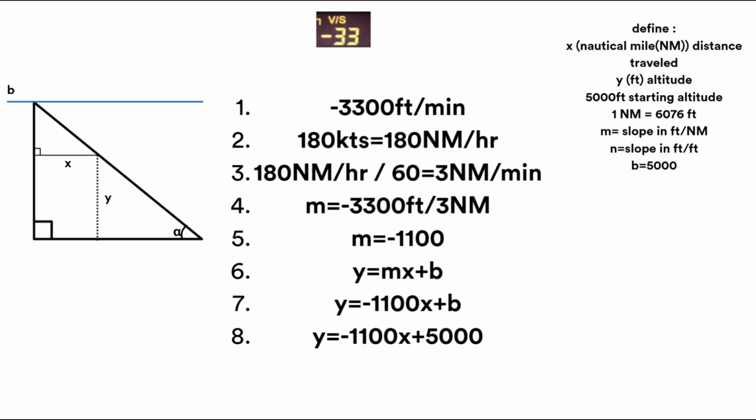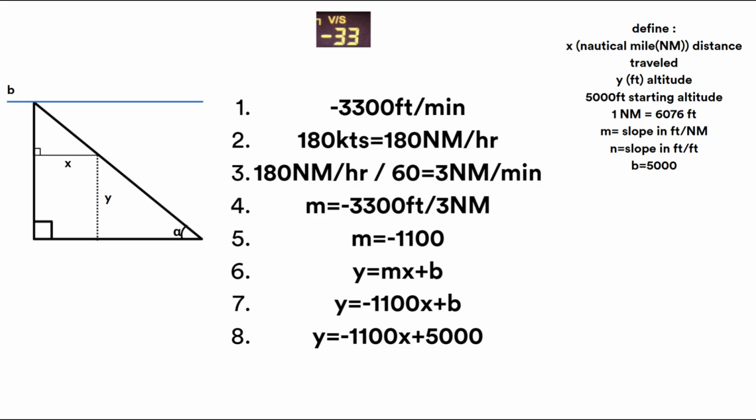Then we have to convert speed to slope. Slope means vertical change divided by horizontal change. In 1 minute, the vertical change is negative 3,300 feet, and the horizontal change is 3 nautical miles. So m equals negative 3,300 divided by 3, which simplifies to m equals negative 1,100 feet per nautical mile.